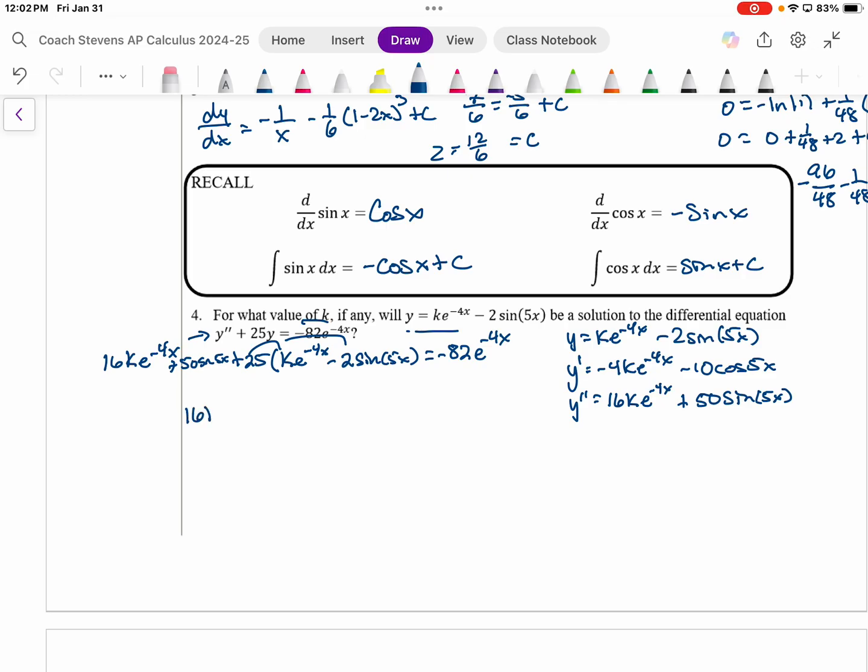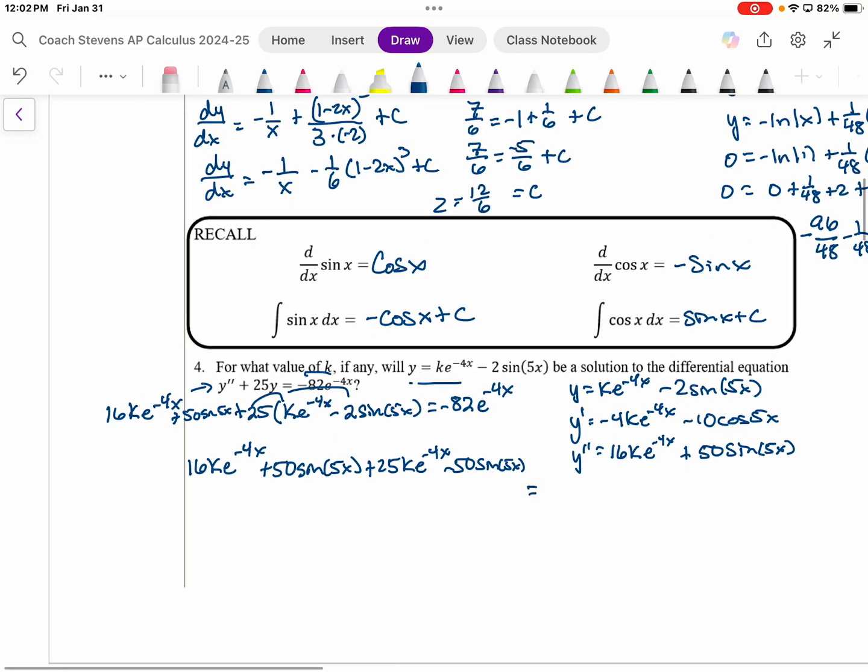So I have 16k e to the negative 4x plus 50 sine of 5x plus 25k e to the negative 4x minus 50 sine of 5x, and that's all equal to our negative 82 e to the negative 4x.